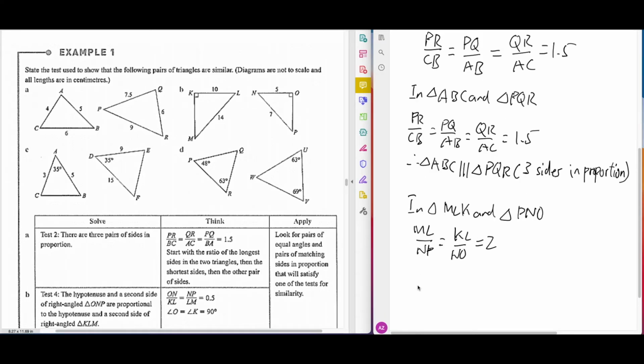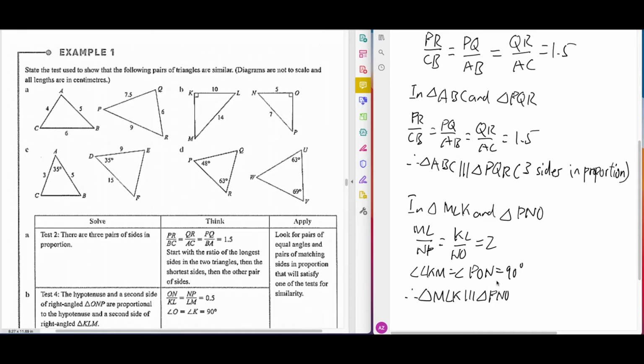And then you can say angle LKM is equal to angle PON, equals 90 degrees. So for this one, you need 2 lines of reasoning. And then the third step, you can just say, therefore, triangle MLK is similar to triangle PNO.